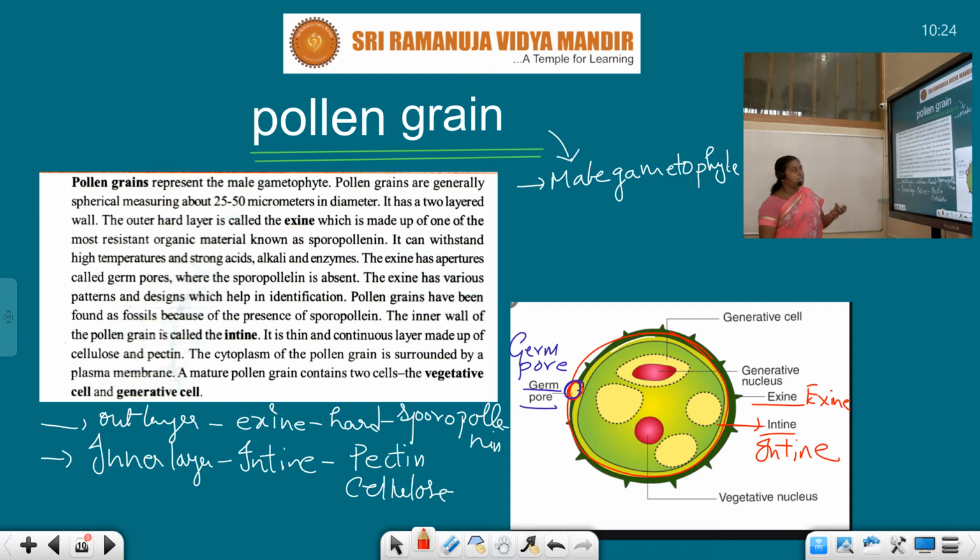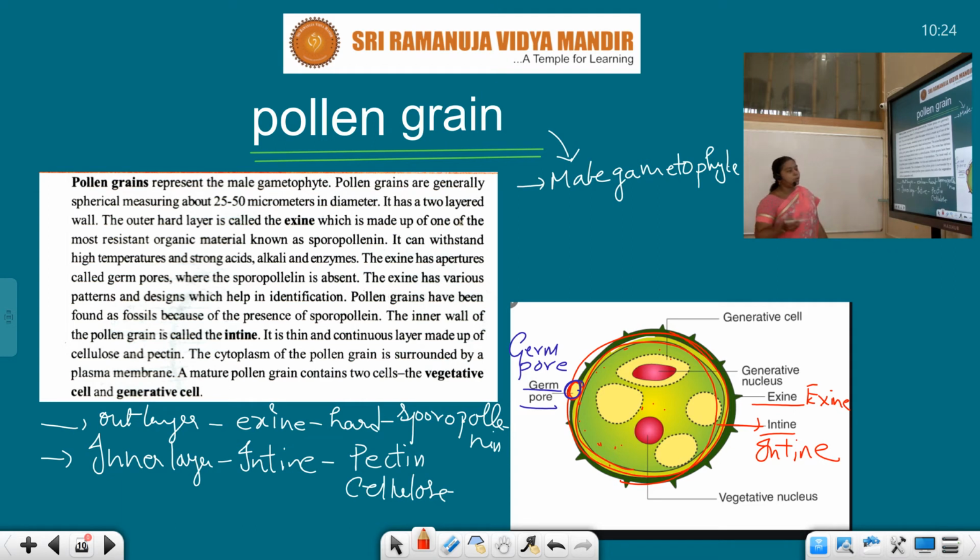The cytoplasm of the pollen grain is surrounded by the plasma membrane. At the center it is filled with cytoplasm, and this cytoplasm is surrounded by the plasma membrane. Next to this it has the intine and the exine.